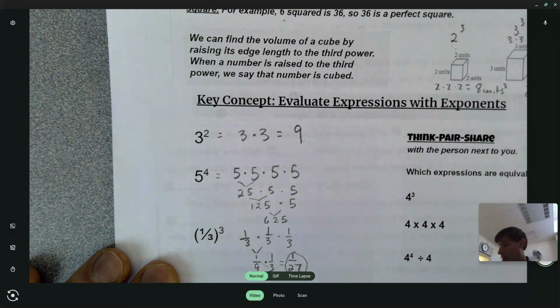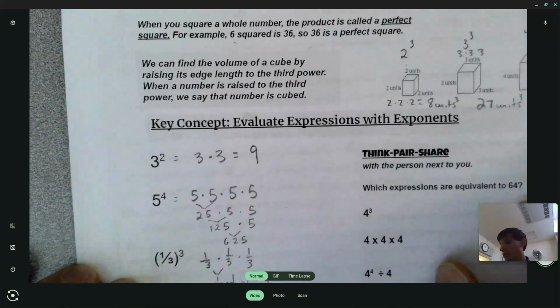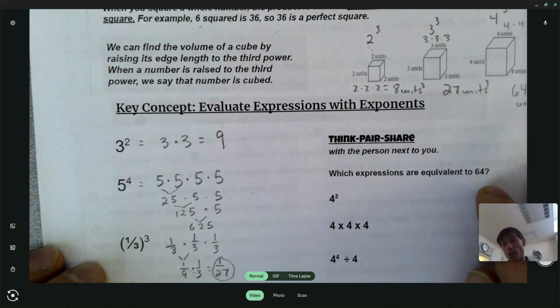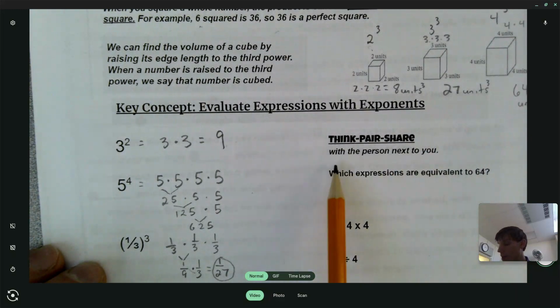Okay, great. And then we have a quick think, pair, share here. So take a second to do this. You're going to think about this on your own first, I'll give you about 30 seconds, and then share with your partner: which expressions are equivalent to 64? So we have 4 to the third power, 4 times 4 times 4, and 4 to the fourth power divided by 4.